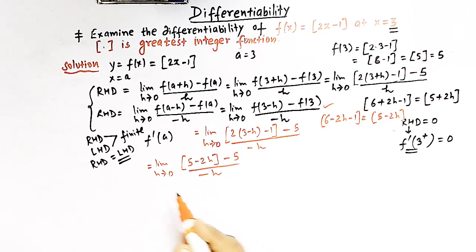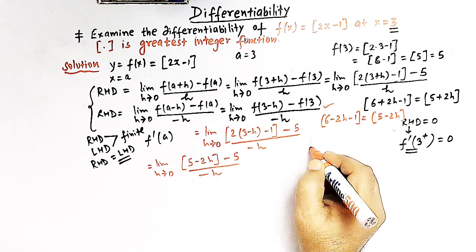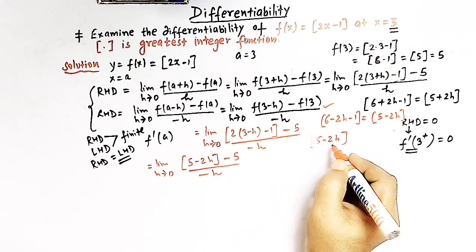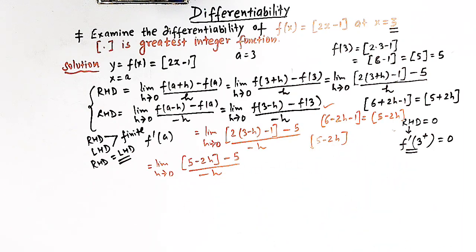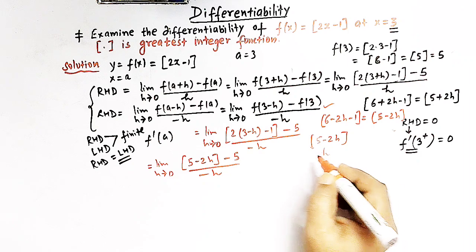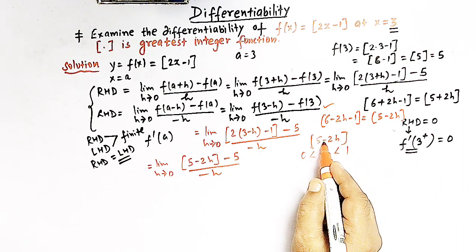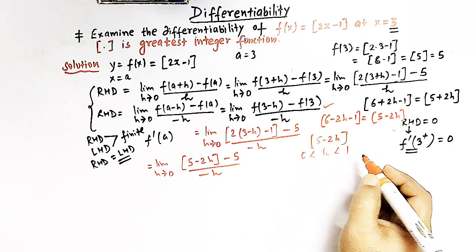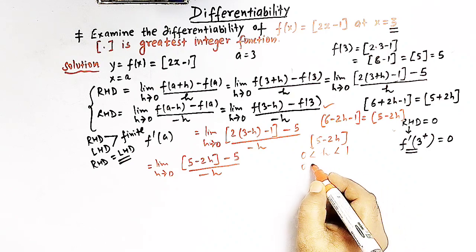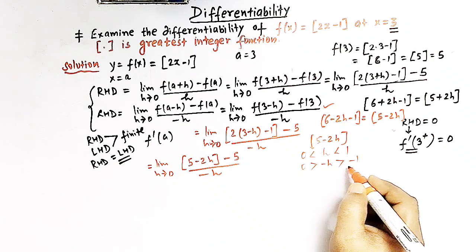So now we have to find out the value of the greatest integer of 5 minus 2h. For this we have just seen that this quantity h is infinitesimally very small, and h lies between 0 and 1. Right, now here we have a negative sign, that is negative 2h. So let us multiply throughout this inequality by minus 1. So we have 0, and the direction of the inequality also gets reversed.